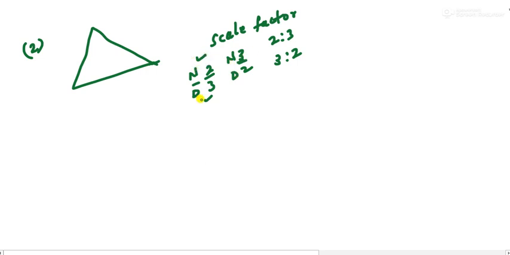Whenever you get this, first thing you do is draw again a line which makes an acute angle with this line. Next, whatever the greater value is, like here 3, here also 3, you don't have to add both of these. Remember, for a line you have to add the factor, but for a triangle you take the greater value.